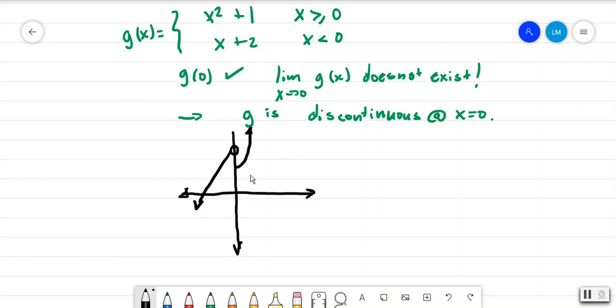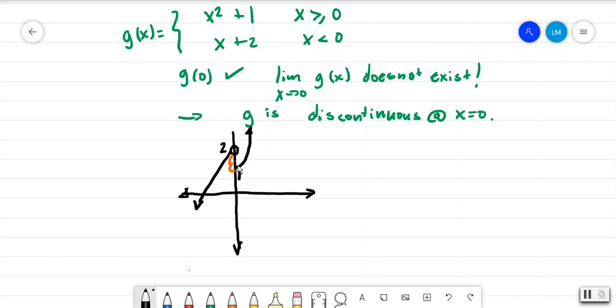Here there's basically a jump. So you have a jump discontinuity going from 0 to 2. In that case, it's just not possible to get this function to be continuous unless we redefine the rules.